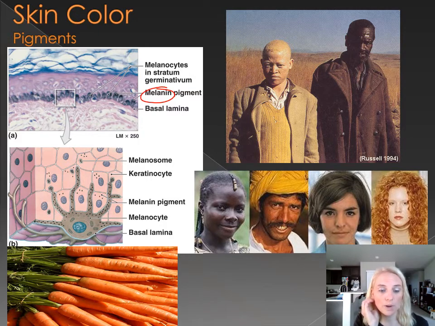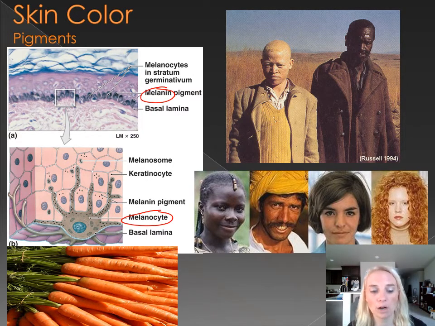It is produced by a cell called the melanocyte, which looks like a big brown octopus, and it sits kind of smashed between your basal lamina and your stratum basale cells, those basement cells. It sticks these little tentacles up in between those stratum basale and stratum spinosum cells, and it is a manufacturer of melanin.